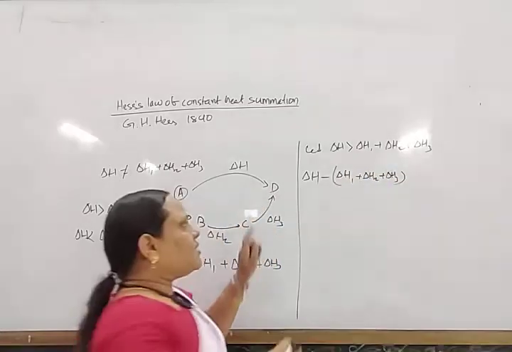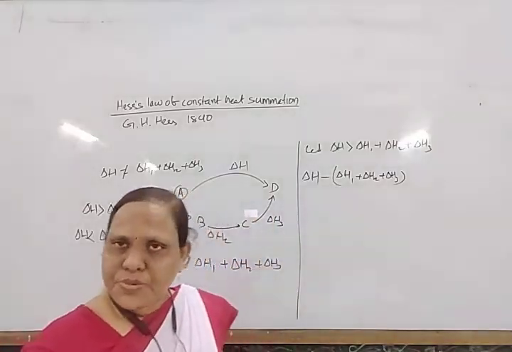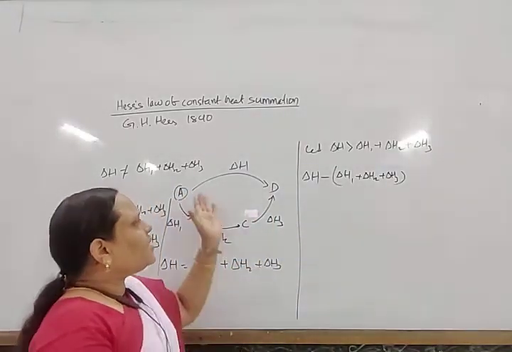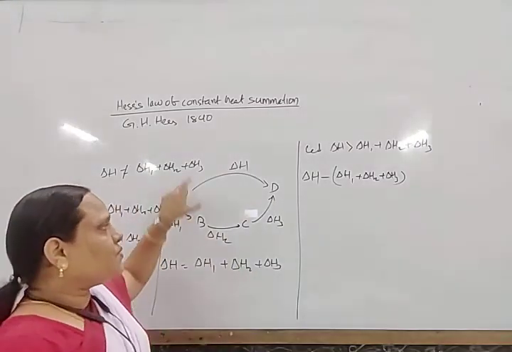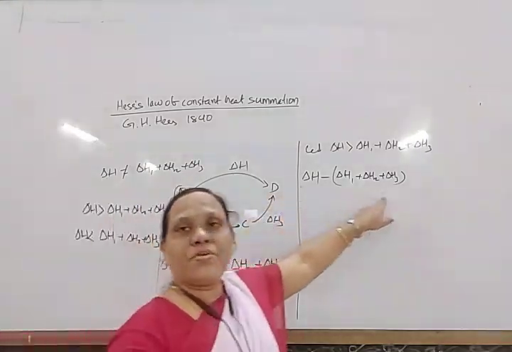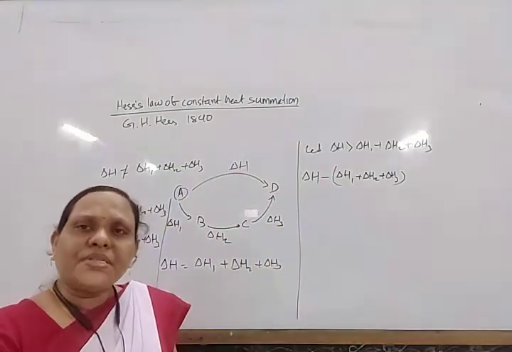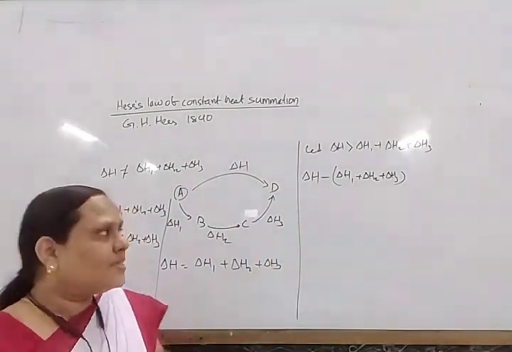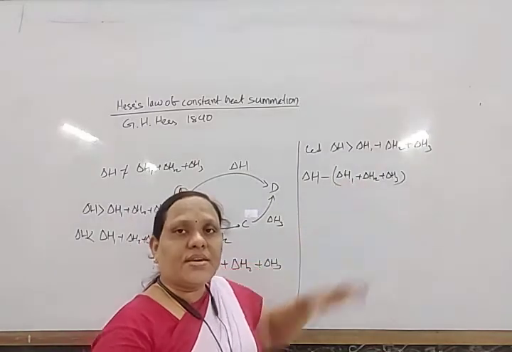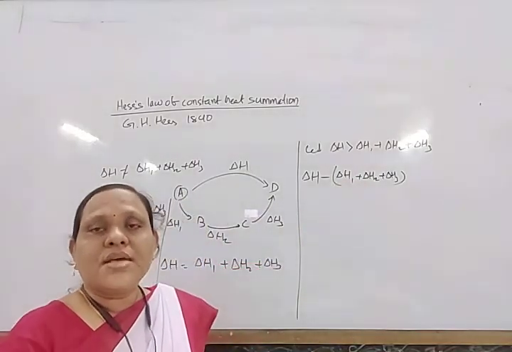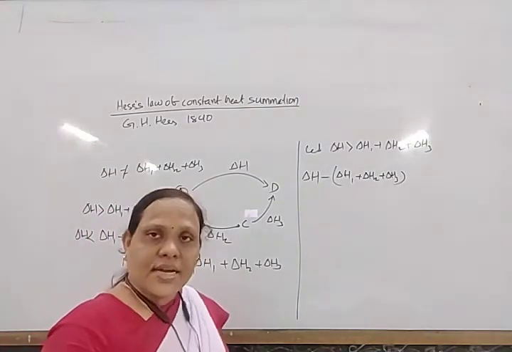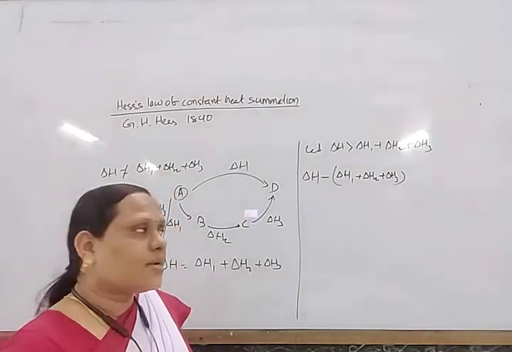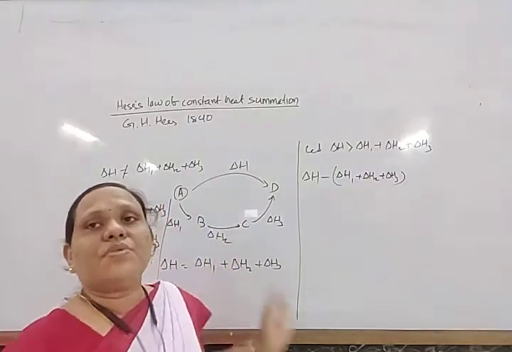So the amount of heat produced is del H minus (del H1 plus del H2 plus del H3). Suppose this cycle repeats several times. If it repeats one time, this much is produced; if it repeats several times, a large amount of heat is produced without consuming any energy, without any work done, because you know in a cyclic process the work done is zero.